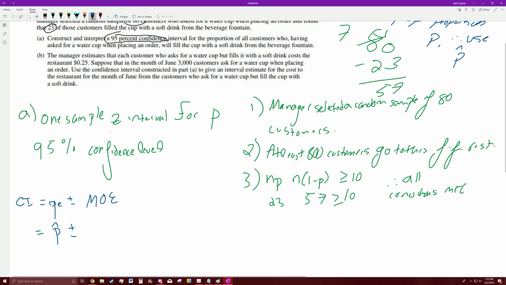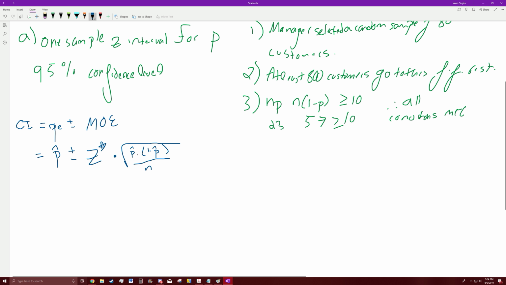This is a Z interval, so we know we have to use z star. Z star times, and this formula is on the 5th page of your reference sheet, the square root of, and since we do not know P, we're going to use p hat times 1 minus p hat, all over n, and remember this entire thing is in the square root.